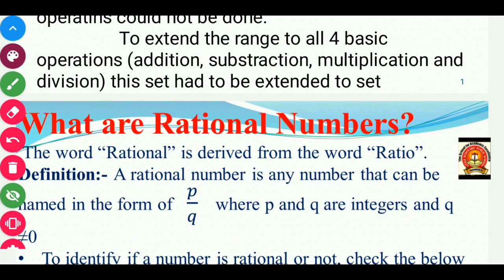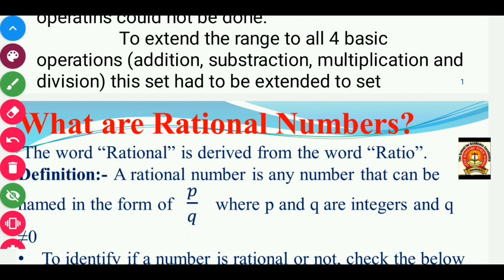So what are rational numbers? Friends, the word rational is derived from the word ratio. Ratio, generally we use this term in order to do the comparison, and a rational number is a number that can be written in the form of p by q.